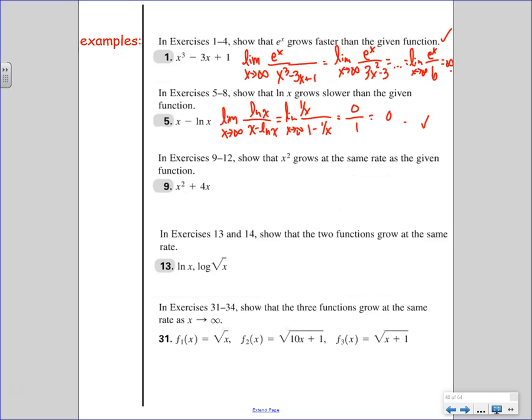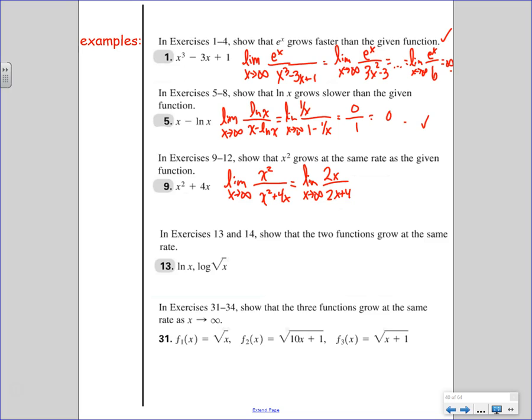How about number 9? Oh, this one's easy, right? After just one derivative, don't we have 2x over 2x plus 4? x squared grows at the same rate.